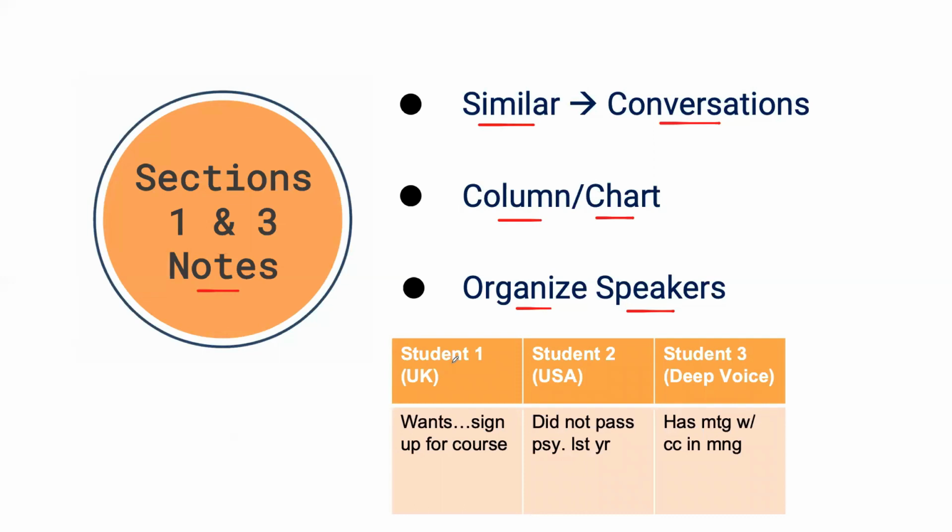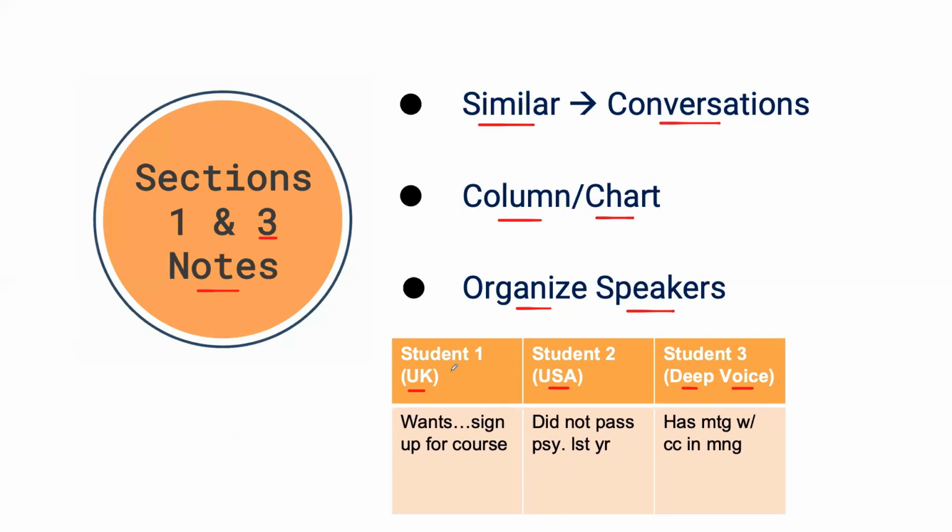Okay, here I have a very basic chart. Imagine we are in section 3, so we are listening to up to 4 speakers. In this case, it will be student 1, student 2, and student 3. First off, in this chart, I've written UK, USA, and deep voice. These are some clues, and these will help you stay on track with who is speaking. Think about it.